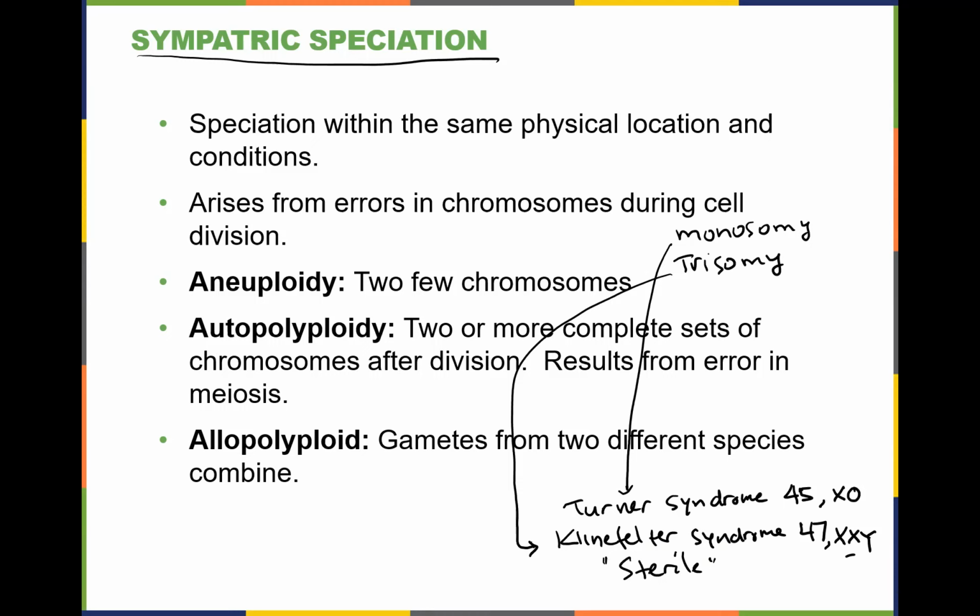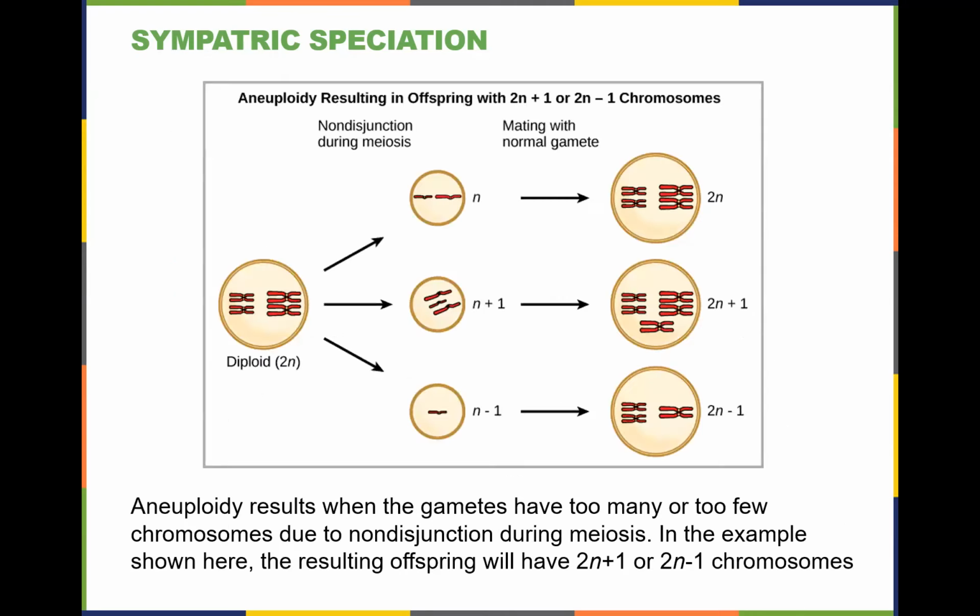Another example is allopolyploidy, which is gametes from two different species combining, making a hybrid. But this hybrid in plants is able to reproduce, causing it to become a new species. It is within the same area, so this is sympatric speciation.